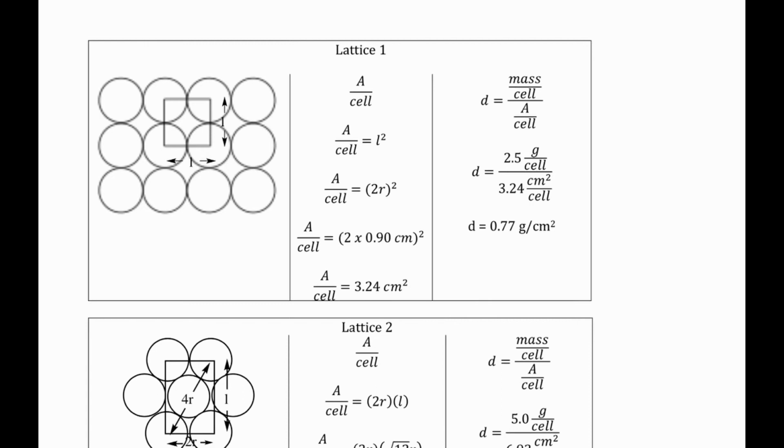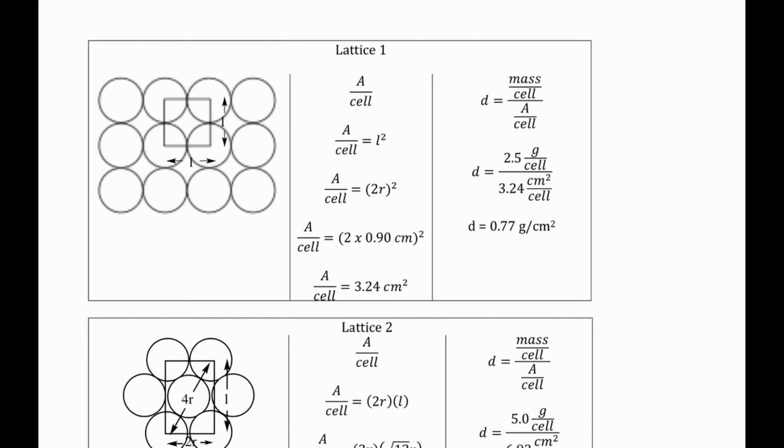Now we need the lower part, the area per cell part. Okay, so area per cell, we're doing that for lattice 1 first. We're going to call the length of our unit cell L, as we see in the diagram. So area per cell is going to be length squared.